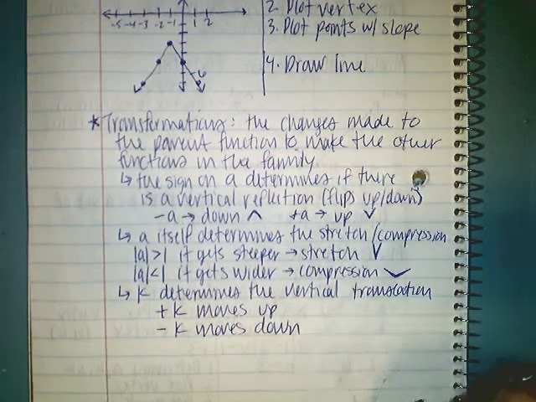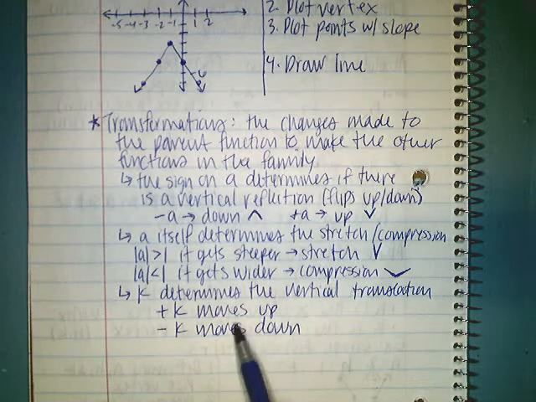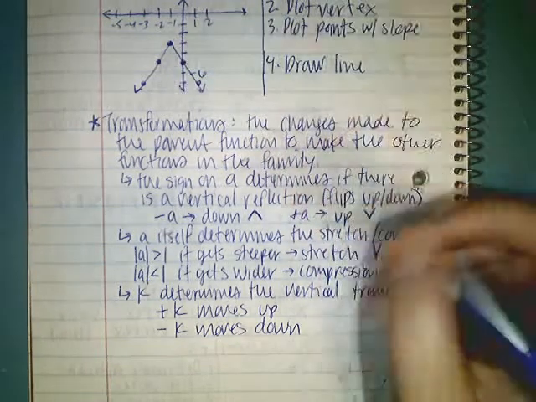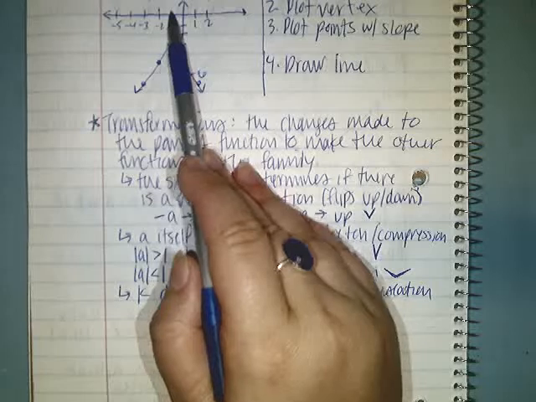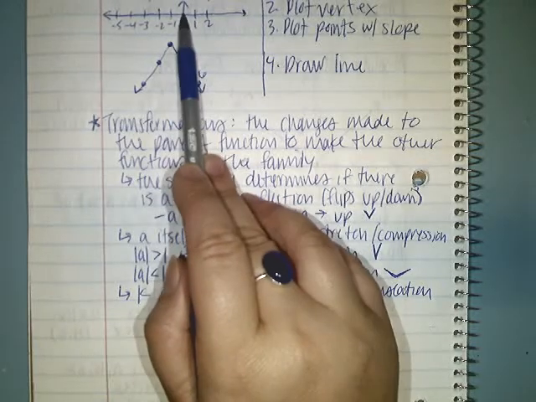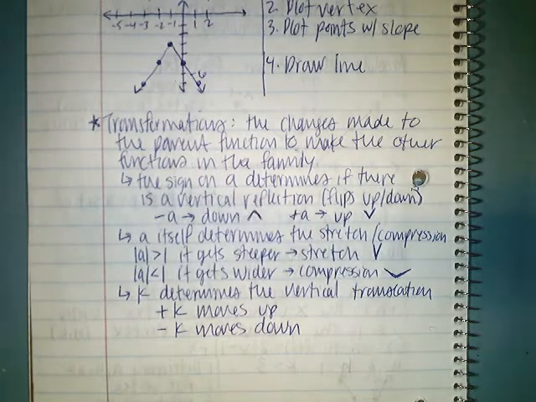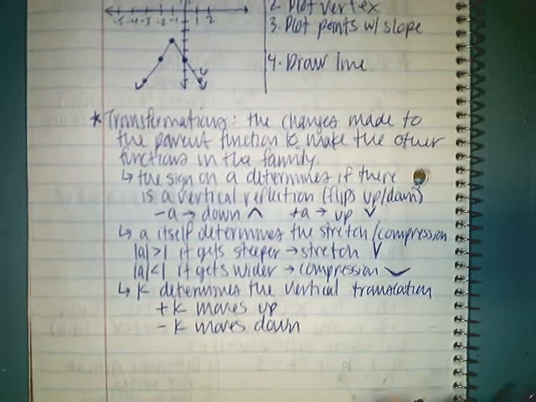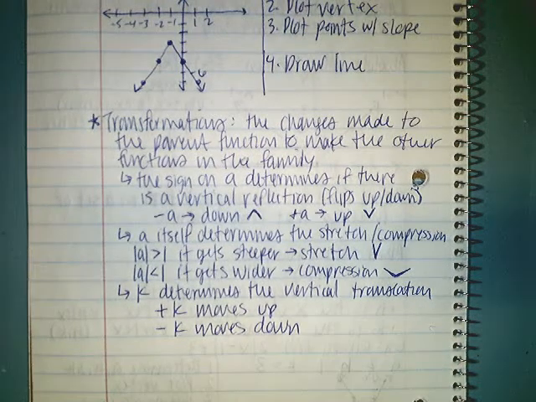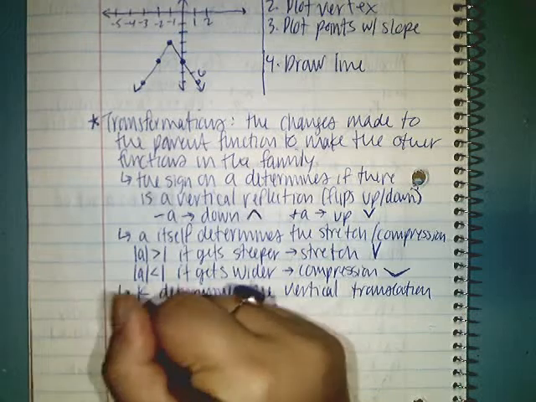So vertical again means up and down. So a vertical translation, that means we're sliding the whole graph up or down. So here, since it was -3, we slid it 3 units down. So normally our vertex is at 0, 0, but we slid it down 3 in this problem because of the K value.